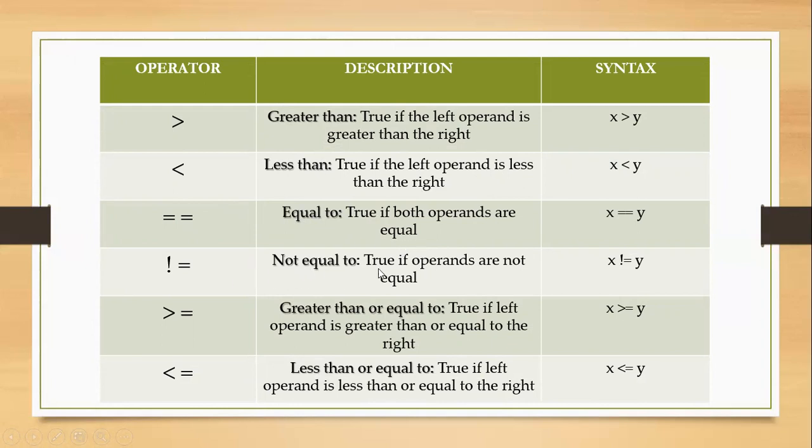Not equal to: true if operands are not equal. Greater than or equal to operator: true if left operand is greater than or equal to the right operand. Less than or equal to operator: true if left operand is less than or equal to the right.